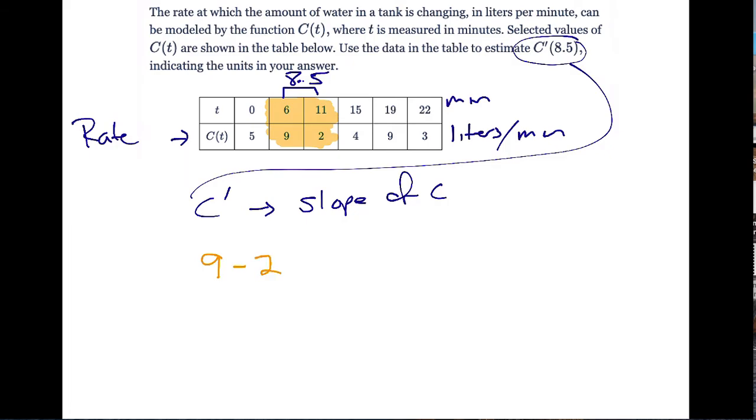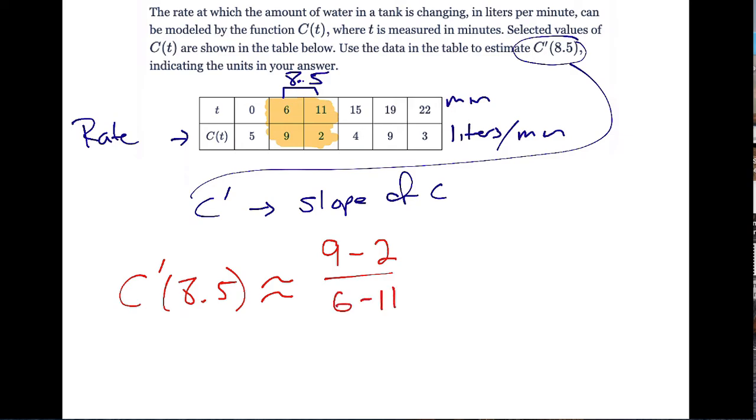So let me erase this for a second. Let me go through here and say, okay, C prime of 8.5, according to this table, is approximately equal to 9 minus 2 divided by 6 minus 11. So if I calculate this, this would be 7 over negative 5.